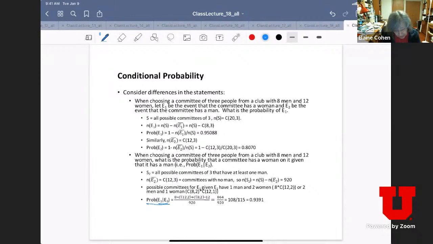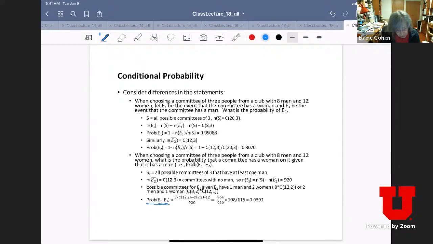E2 complement is the number of committees that don't have any men, and that's 12 choose 3, the committees that are all women. So the number of elements in S2 is equal to the number of elements in S minus the number of elements in E2 complement, which is 920. At least one man.